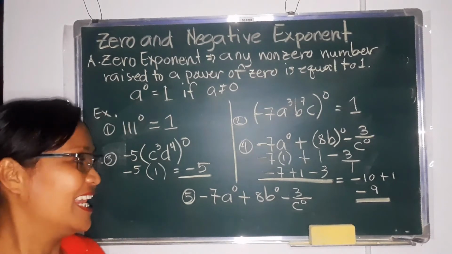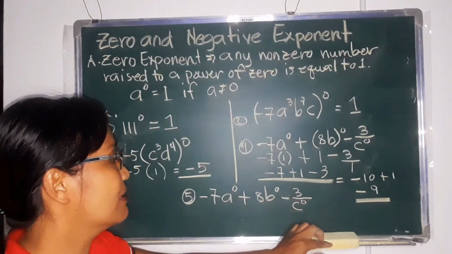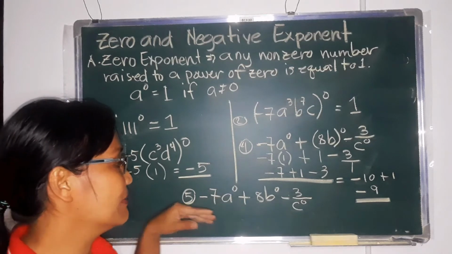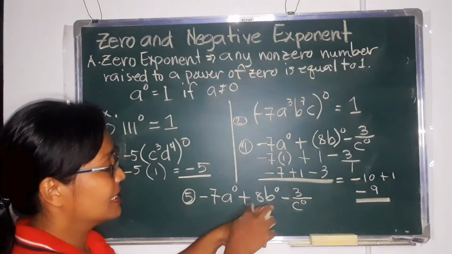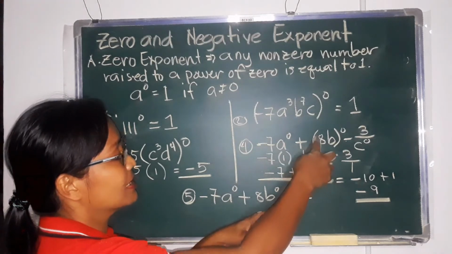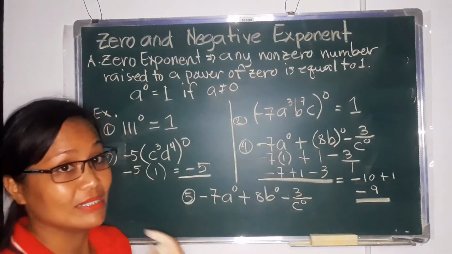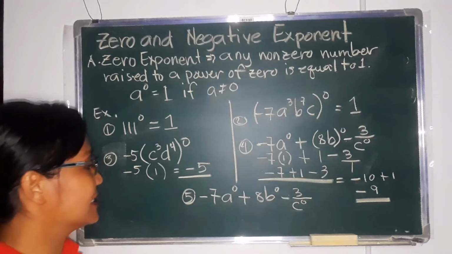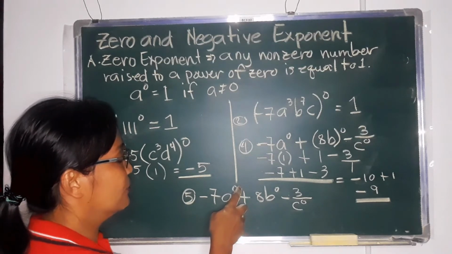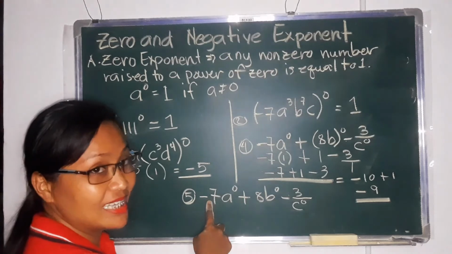Got it? Next example, we have number 5. If you notice, number 4 and number 5 are almost the same. The only difference is the positive 8b raised to 0 and positive or plus close and open parenthesis, 8b raised to 0. Look at the differences. So again, in here, a is not 0. The exponent 0 is not included in negative 7.